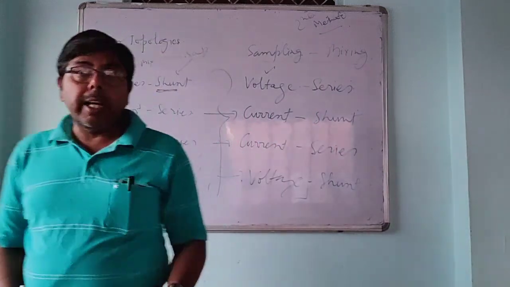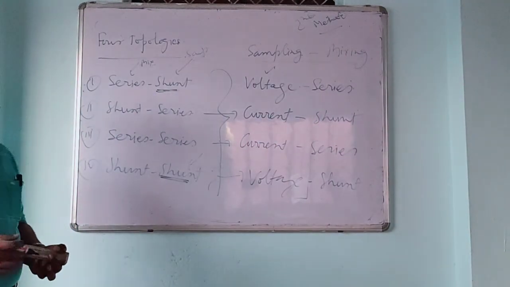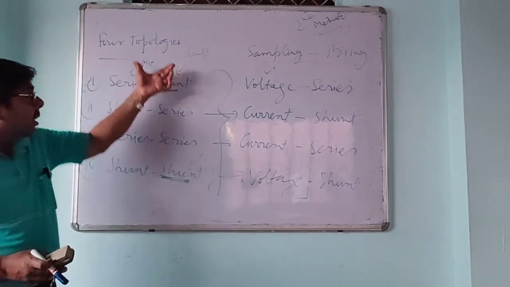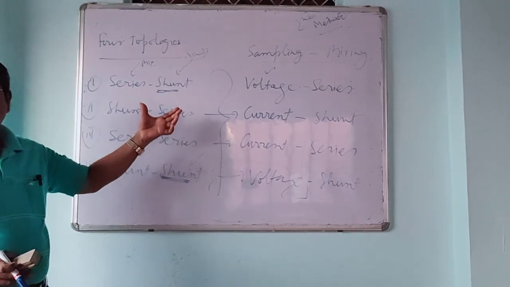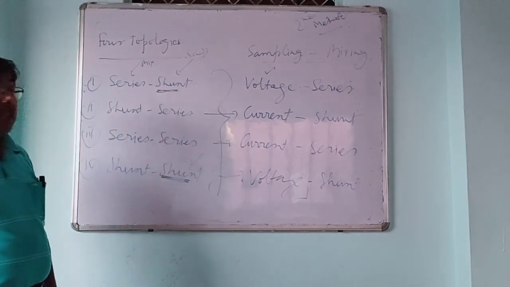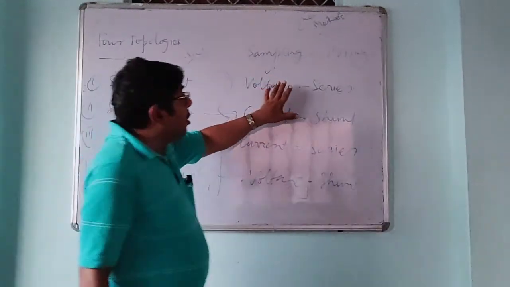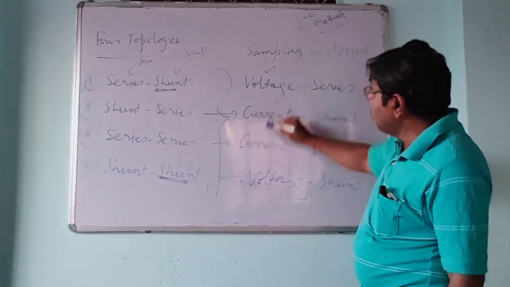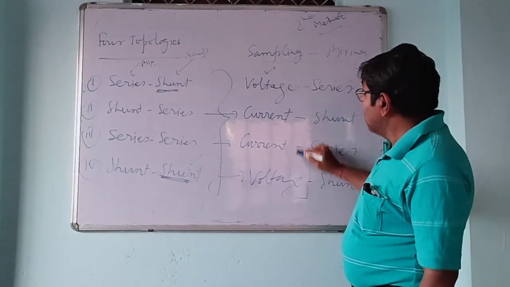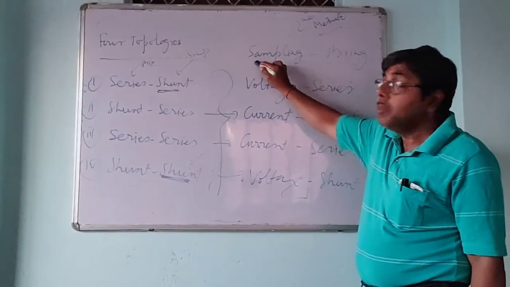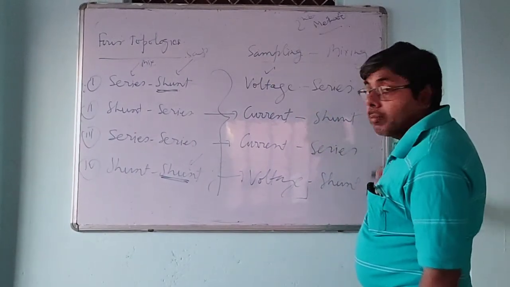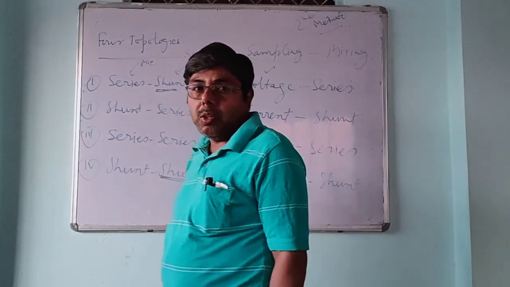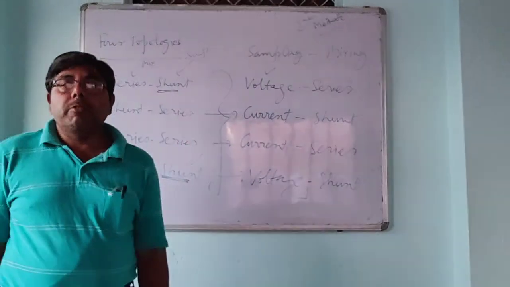So this is another nomenclature for all these four feedback topologies. In the first method, we simply use series shunt, the method of mixing and sampling of voltages or currents. But in the second methodology, sampling of voltage or current is represented first, then mixing, either in series or in shunt. So this is all about the four basic feedback topologies.